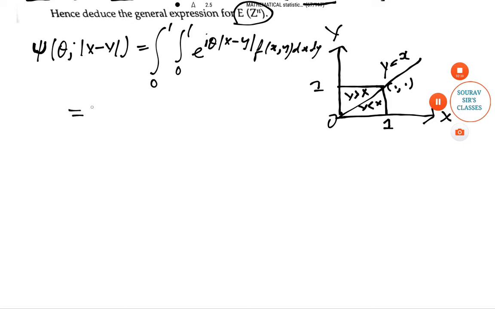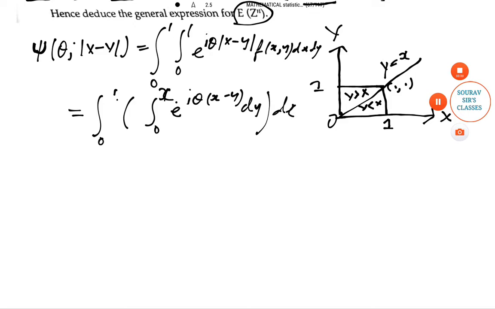Now from this, we'll take limit 0 to 1 and in the bracket we'll incorporate this inside the bracket, so it will become bracket 0 to, instead of 1 we'll write it as x, e to the power i theta (x minus y) dy, and we'll take it inside a bracket and we'll write dx.